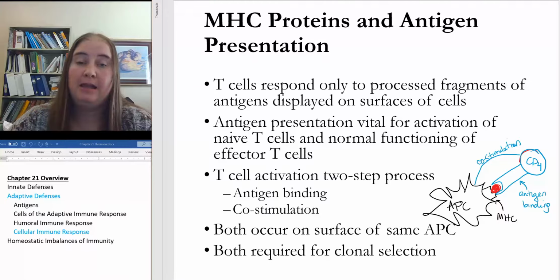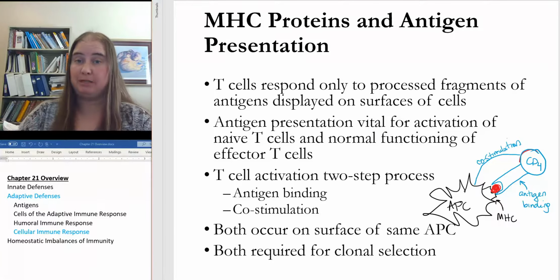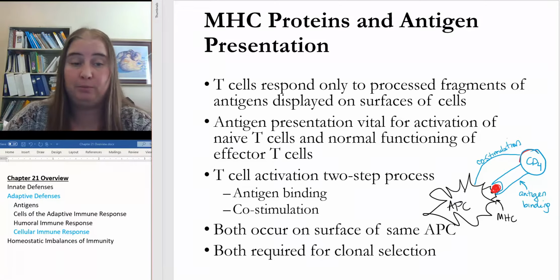It has to have both of these occur because this activation is so powerful. We need to make sure that this is really what we want to do. Both of these are going to occur on the surface of the same antigen presenting cell, and this is required for that clonal selection, just like we talked about in the B cell, although it's going to be a little bit different, but a similar process.